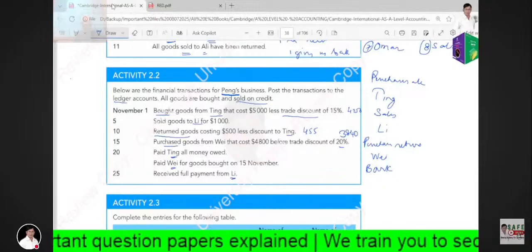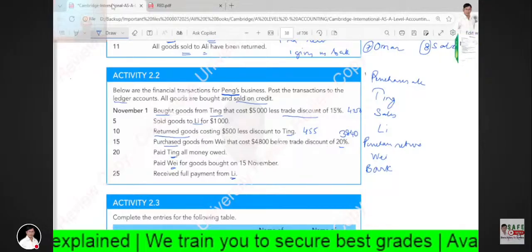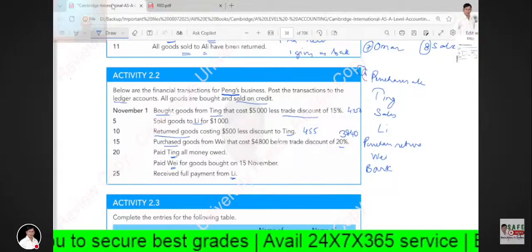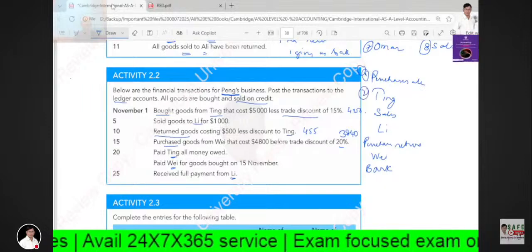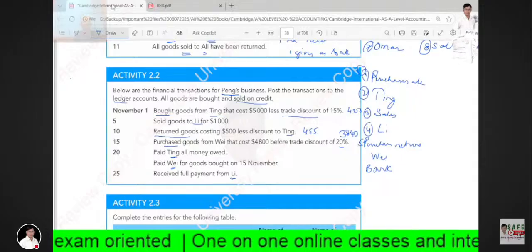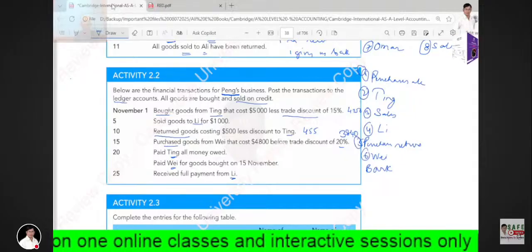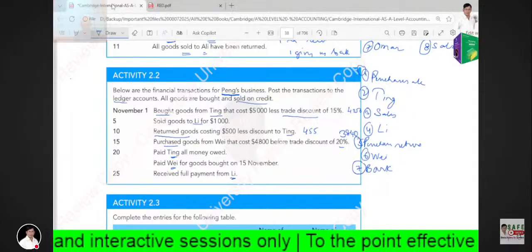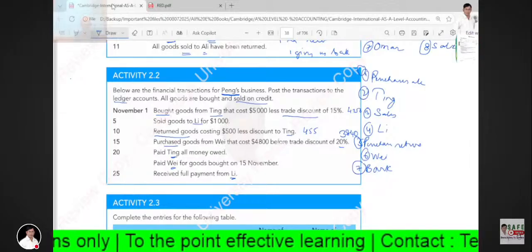So how many accounts should we open? One, 2, 3, 4, 5, 6, 7. We have to open 7 accounts.